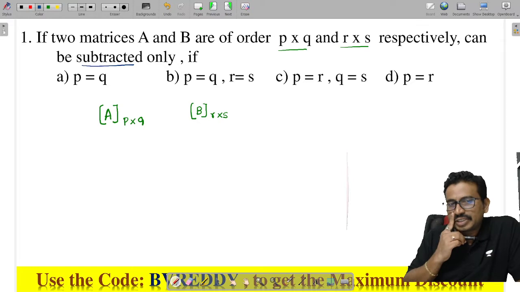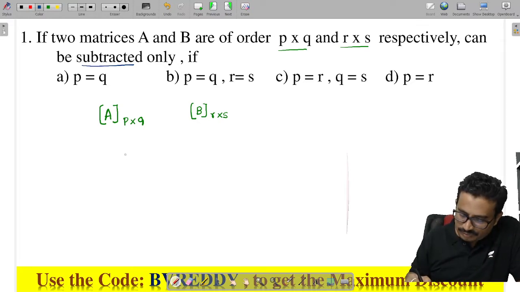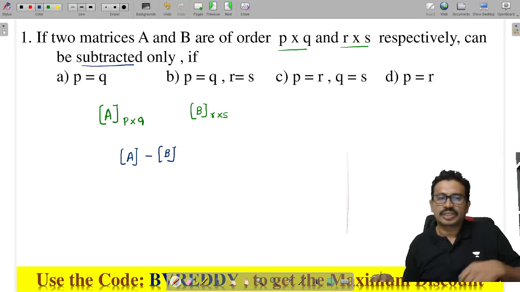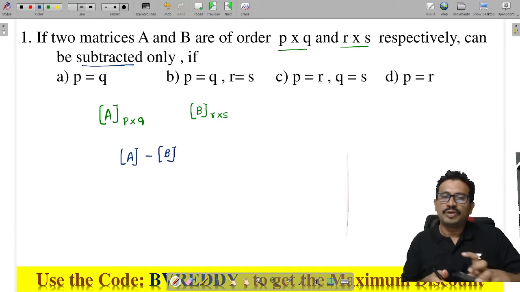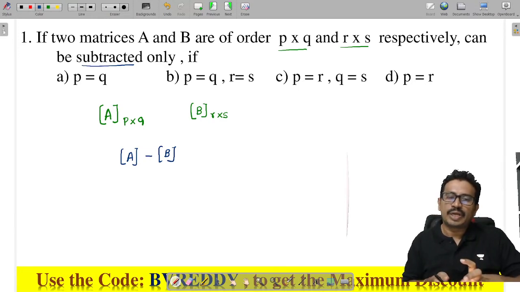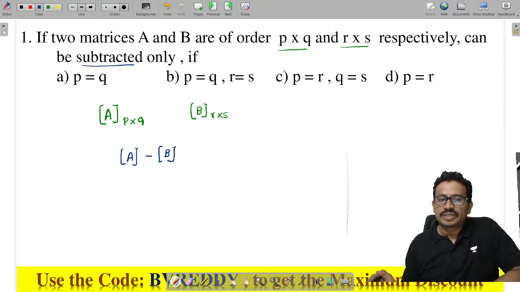When can the subtraction happen? The subtraction of two matrices is possible provided the two matrices have the same order. Subtraction or addition is possible only if the two matrices have the same order.